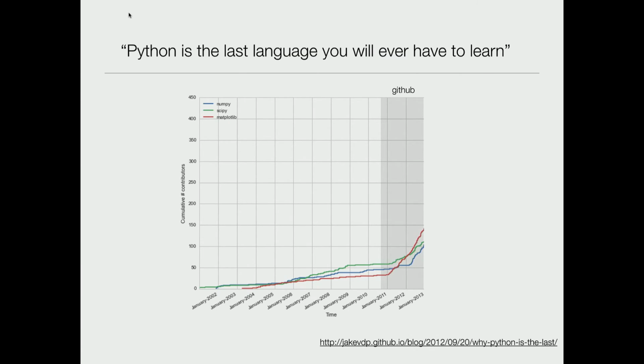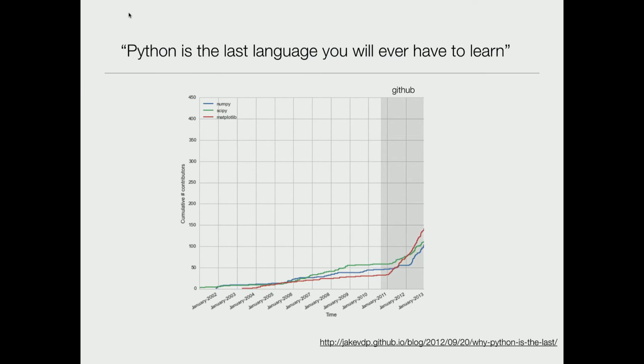One proxy that was proposed by Jake in a blog post about why Python is the last language you will ever have to learn is to look at the number of cumulative contributors to the library as an extreme lower bound on the number of users.